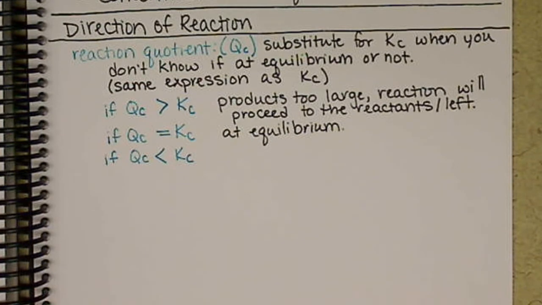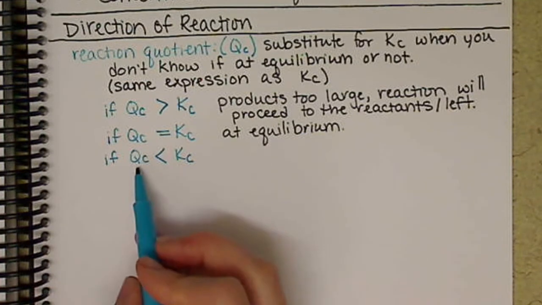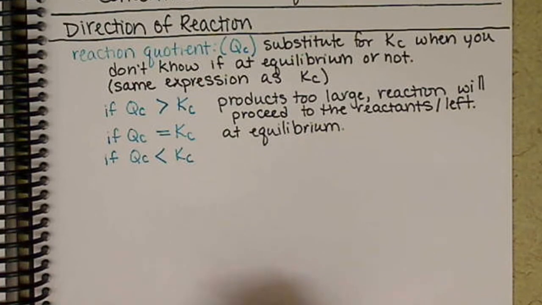If Qc is less than Kc, that means Qc is too small, so the denominator is too large, the reactants are too large, so the reaction is going to proceed towards the products, or to the right.